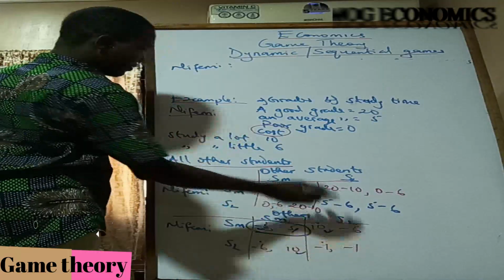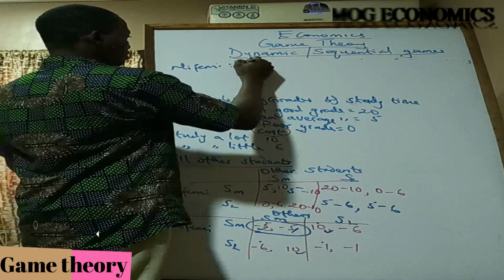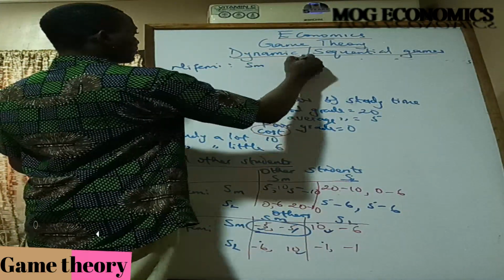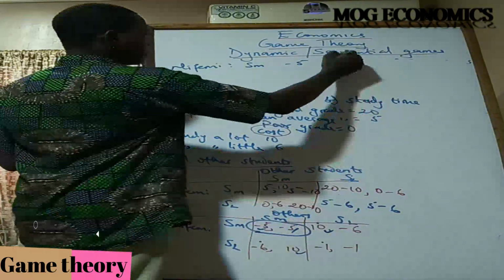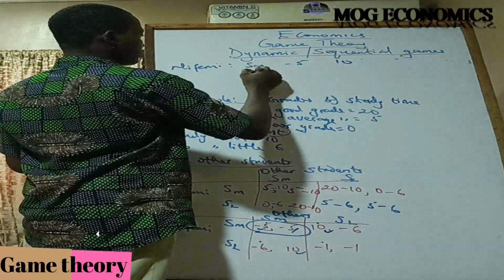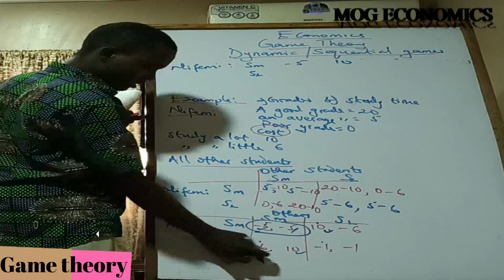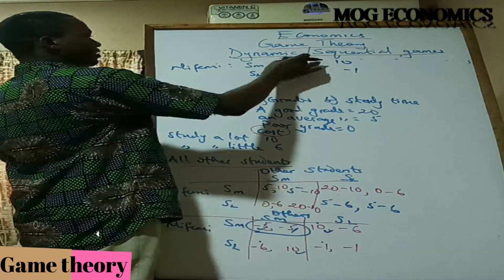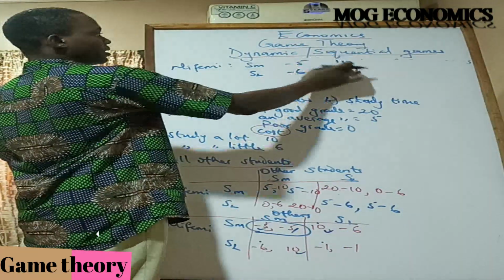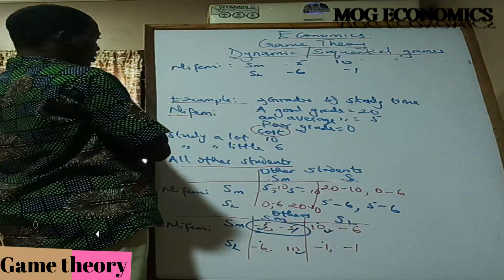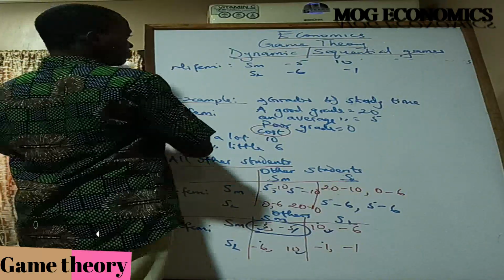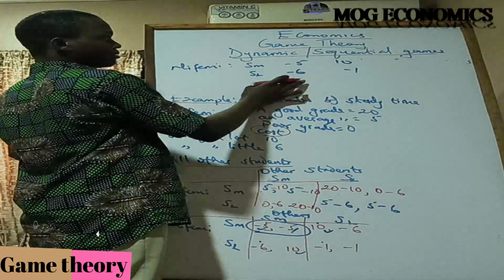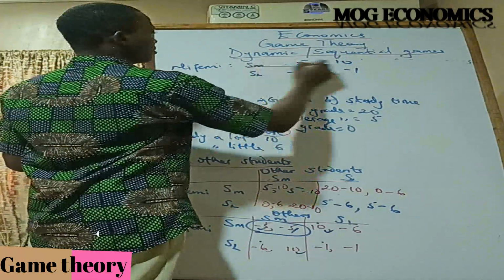If he studies much, he gets minus 5 and 10. If he studies a little, he gets minus 6 and minus 1. So if you look at this, minus 5 is better than minus 6, 10 is better than minus 1. So Nifemi's dominant strategy is to study much. Minus 5 is better than this, 10 is better than this.